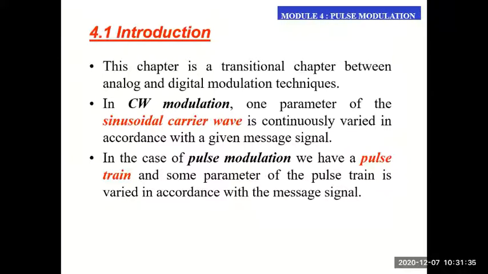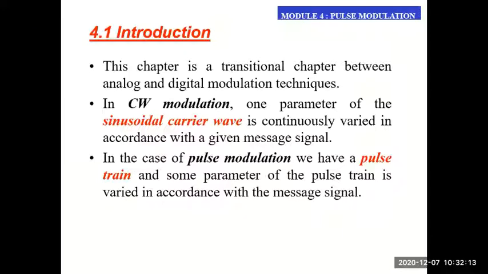So as we are aware till now, in continuous wave modulation or analog modulation, one parameter of the sinusoidal carrier wave is continuously varied in accordance with a given message signal. Whether that parameter is amplitude, phase, or frequency, that is angle, it is our choice depending on the application. Whereas in pulse modulation technique, the carrier becomes a periodic pulse train, and some parameter of that pulse train will be changed in accordance with the message.